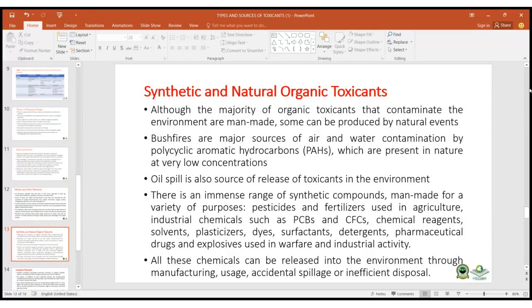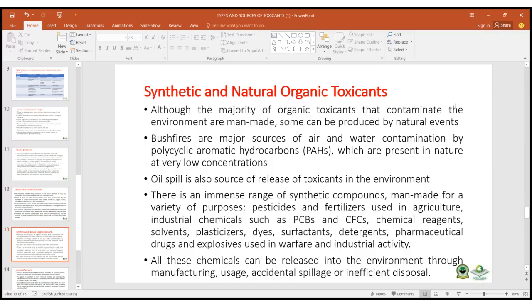Then we also have industrial chemicals such as PCBs and CFCs, and then chemical reagents, solvents, plasticizers, dyes, surfactants, detergents, pharmaceutical drugs, and explosives used in warfare. All these are sources of pollutants.